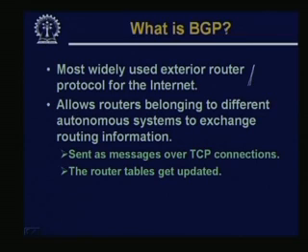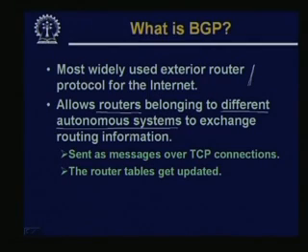The main purpose of BGP is to allow routers belonging to different autonomous systems to exchange routing information among themselves, so that their routing tables are kept updated in response to changes in the network topology.